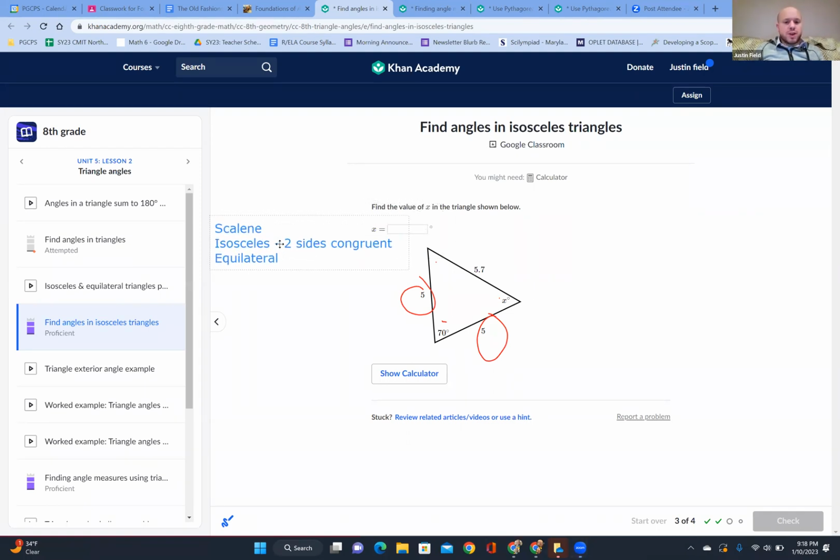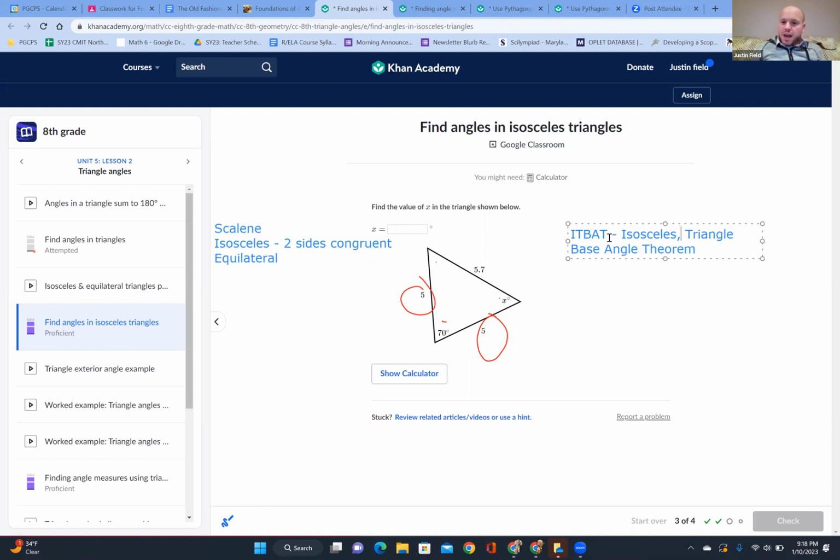So if two sides are the same, there's also a theorem called, in one year, we called it ITBAT, which stands for the isosceles triangle base angle theorem.